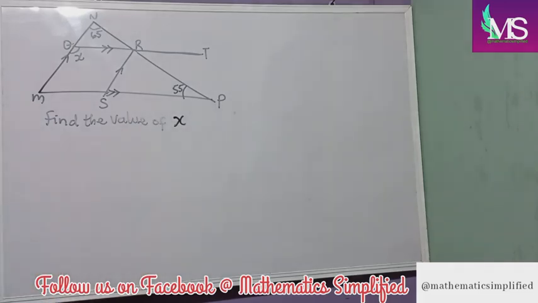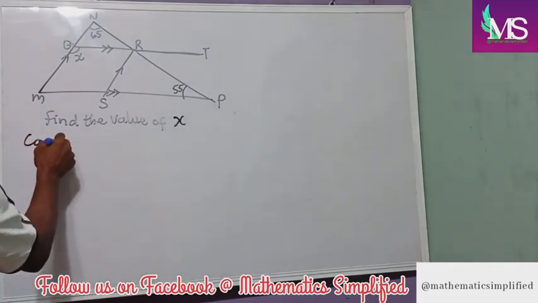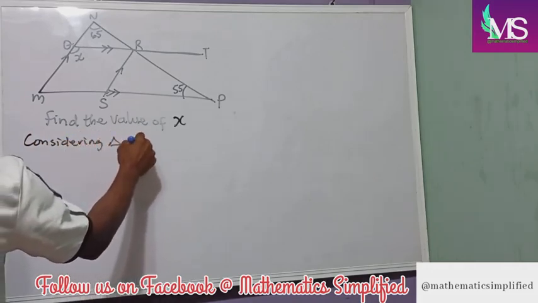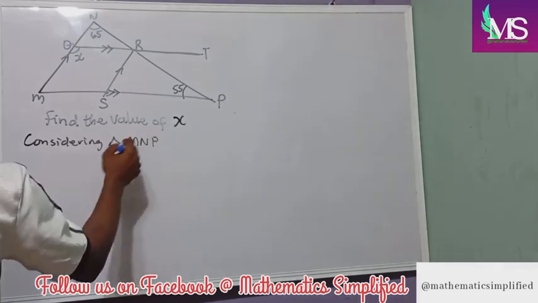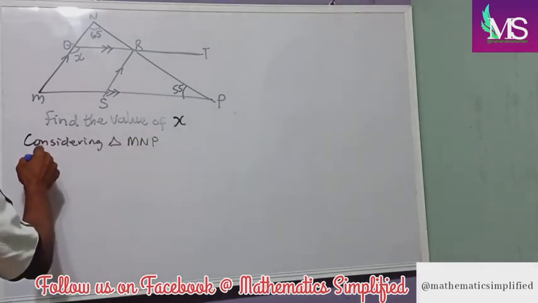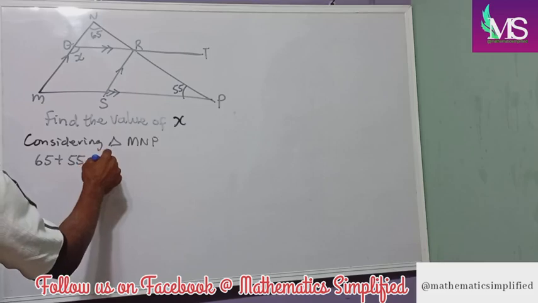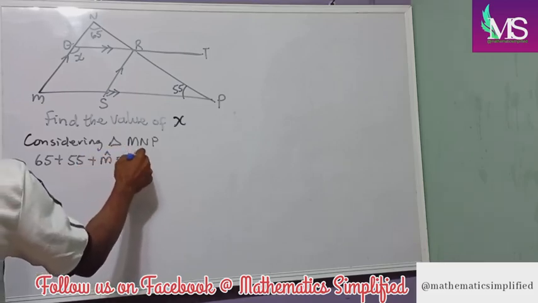Now considering triangle MNP, this will become 65 plus 55 plus angle M equals 180.